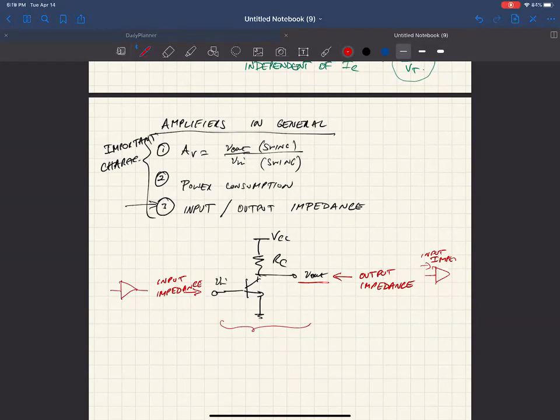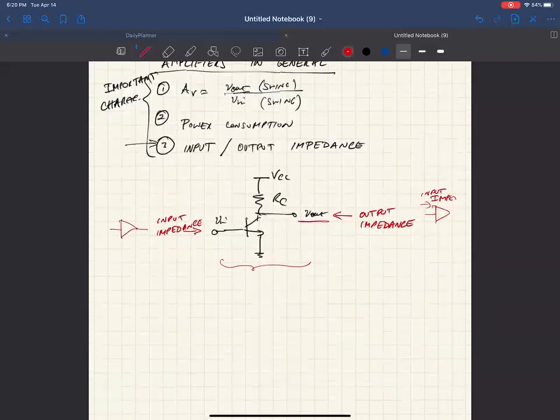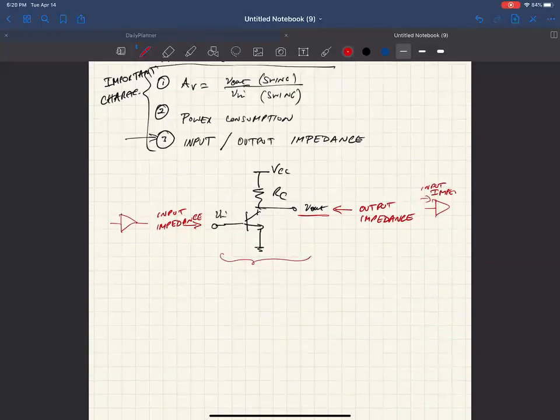For example, if you have something with a high output impedance and you're driving something with a much lower input impedance, you're going to get a huge attenuation in your signal, and we'll see that. So let's use an example to start looking at the input impedance.